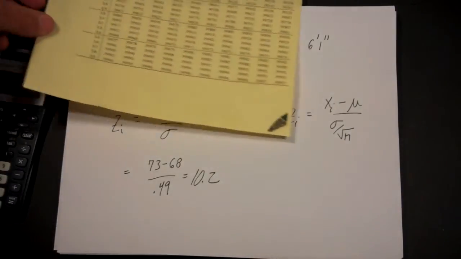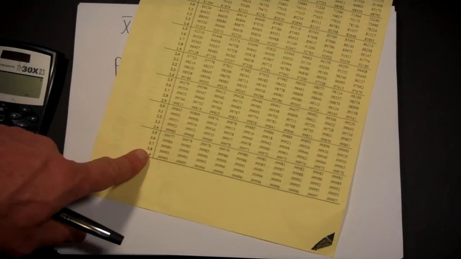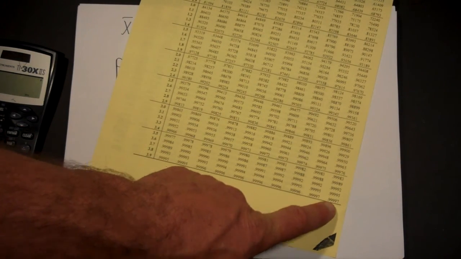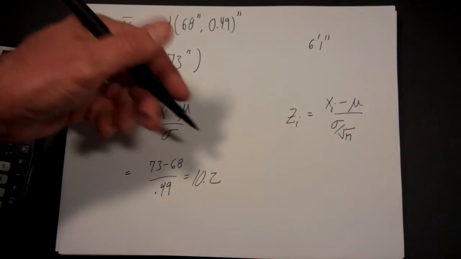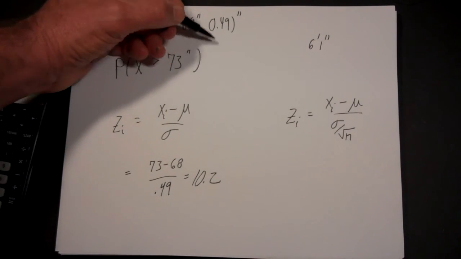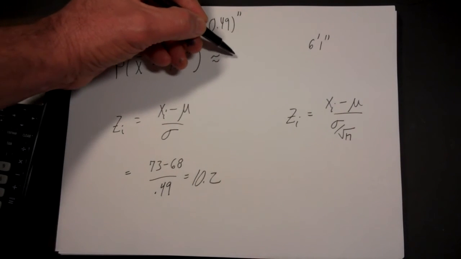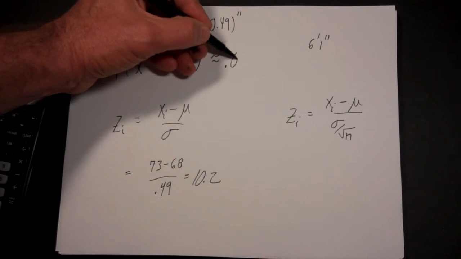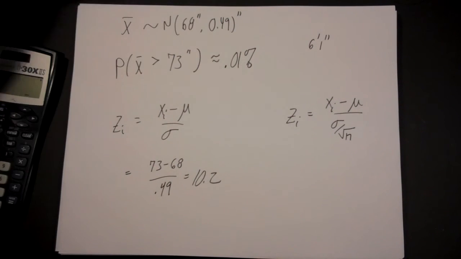So let's look at our z-table. What we quickly see is that our z-table only goes to 3.9, and that's 0.999997. So essentially this is close to impossible, and this is going to be approximately 0. Let's say it's approximately 0.01%.